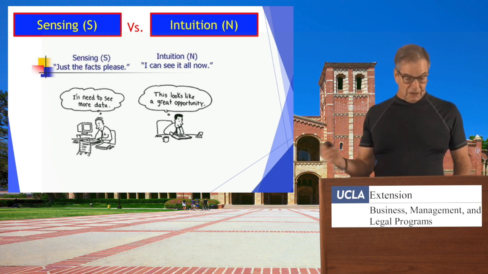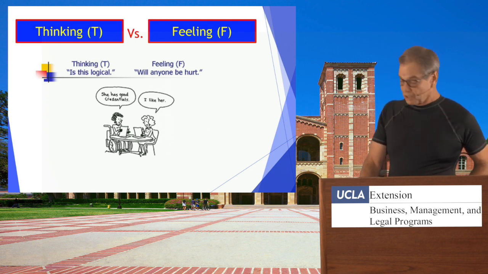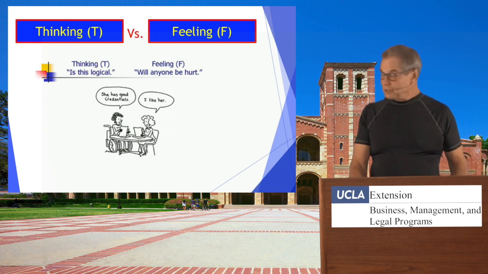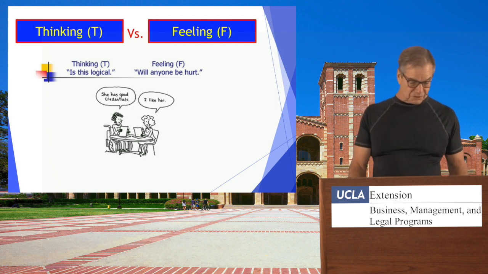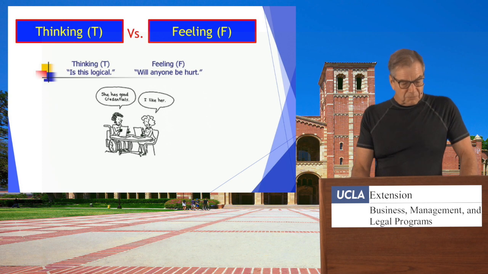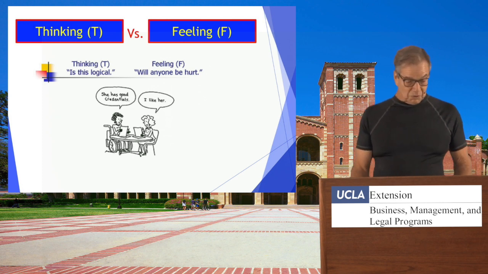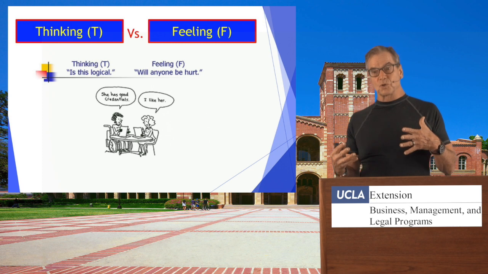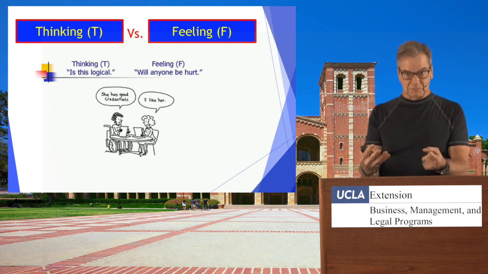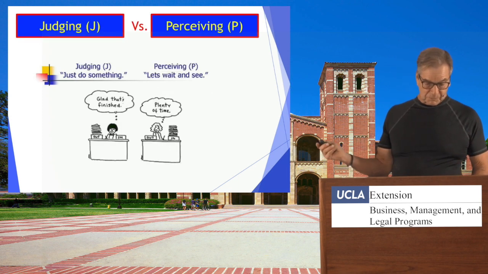Okay. Next, we're going to go to our thinking versus feeling dichotomy. Our little cartoon here has characters, and the thinking person, they're looking at resumes apparently, and the thinking person says she has good credentials, and the feeling person says, I like her. So a feeling person is going to look at how they feel about somebody. The thinking person asks, what are the facts?